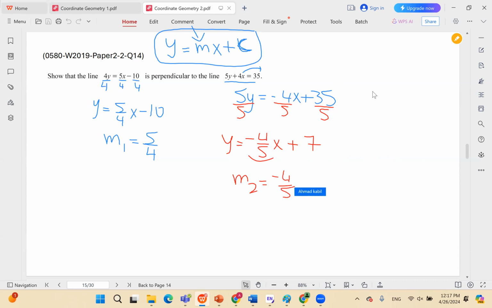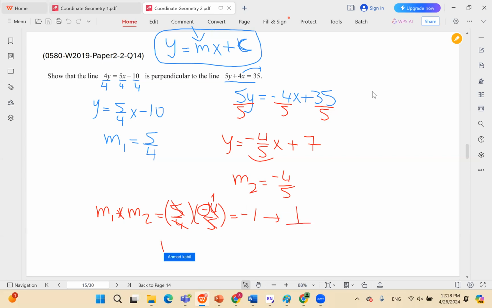And to show that they are perpendicular, we just show that m1 times m2 equals negative 1. So m1 is 5 over 4, and m2 is negative 4 over 5. These cancel out and these cancel out, so we're just left with negative 1. So the final answer is negative 1. Therefore, they are perpendicular.